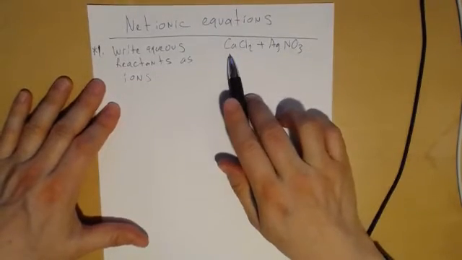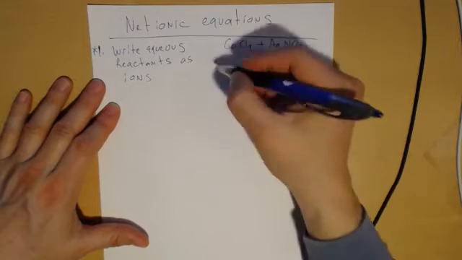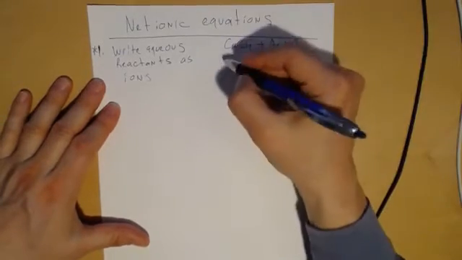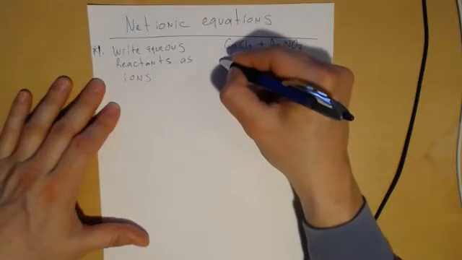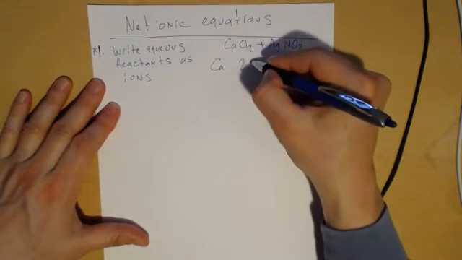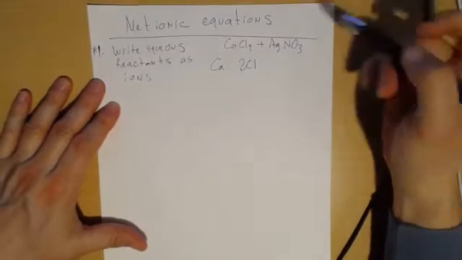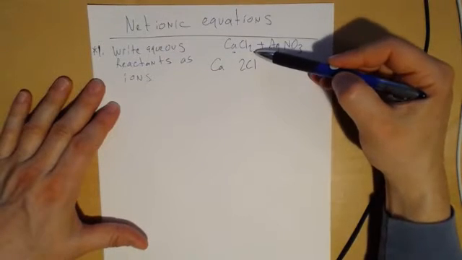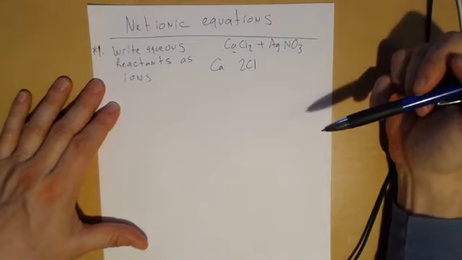What are the ions from calcium chloride? What does that break apart to? I have to recognize that's a calcium and there's 2 chlorines. That's really, really important, to be able to recognize this as 3 different things, right?